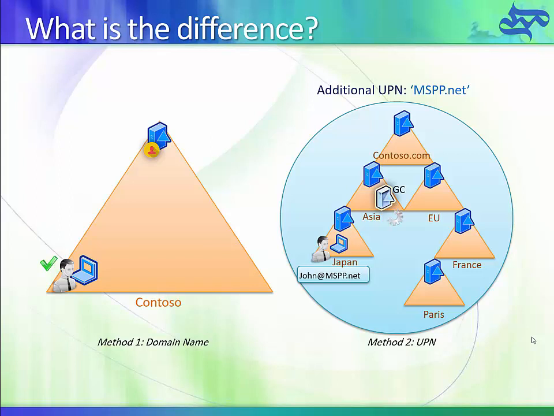So it will run a process in the background, and it will inform us that, for example, the domain paris.france.eu.contoso.com is the appropriate server and domain to authenticate John at mspp.net. Once this happens, the authentication package will be sent to that domain controller, because the user account is over there at paris.france.eu.contoso.com.